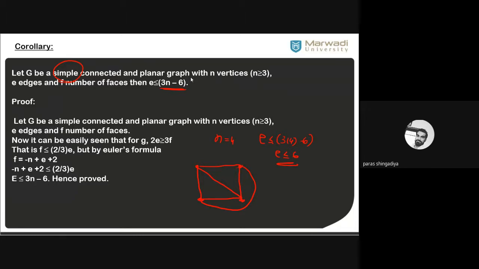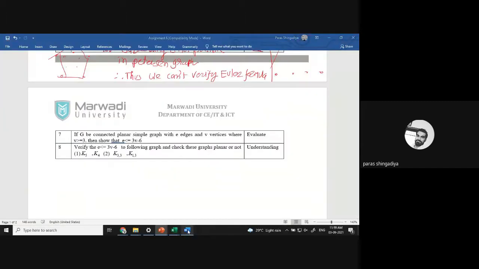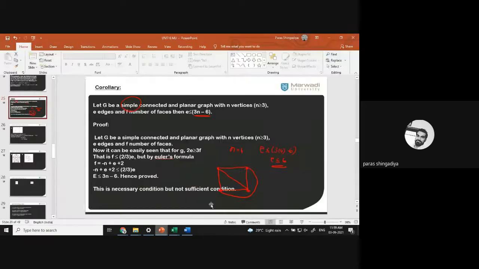So here in these questions, K5 is given, K4 is given. Let me check for K4. What we solved in this exercise is for 4 vertices.